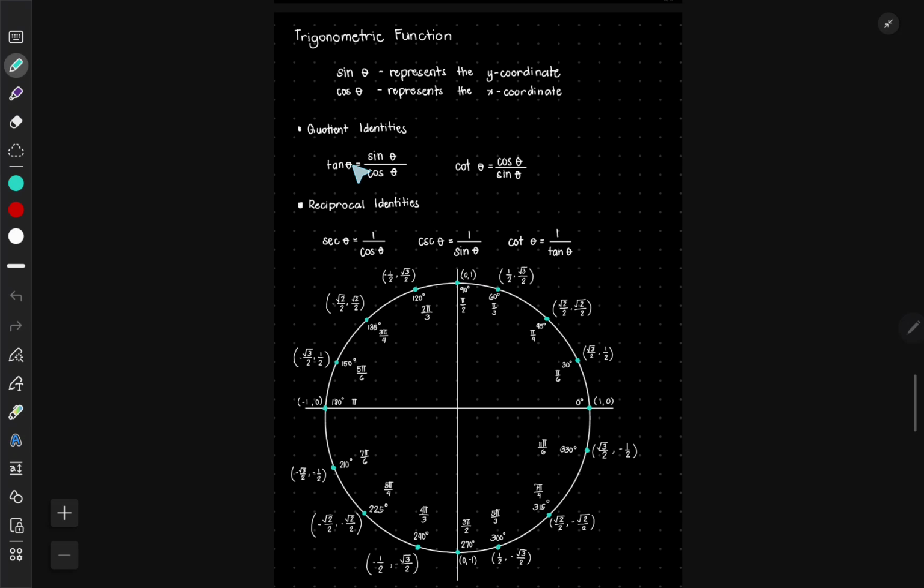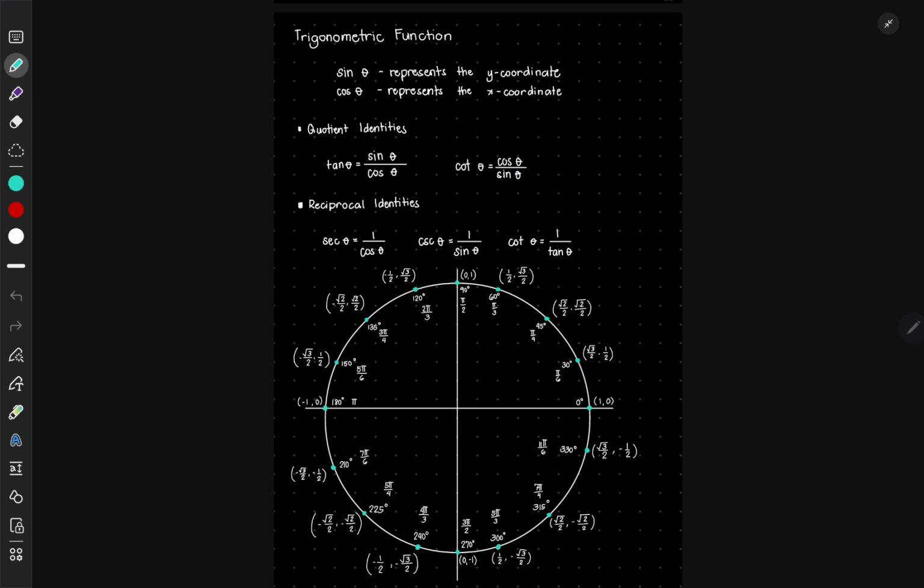Second na, yung pangatlo at pang-apat na trigonometric function natin is yung tangent at saka yung cotangent. From yung sine and cosine natin, ang ating tangent, that would be equal to sine over cosine. And yung cotangent naman, that would be cosine over sine.